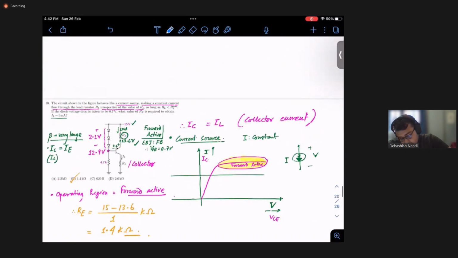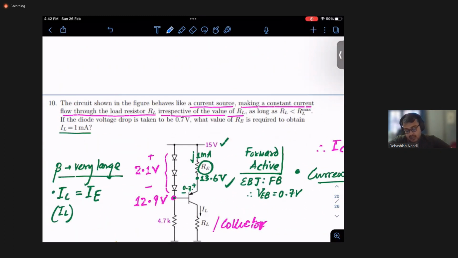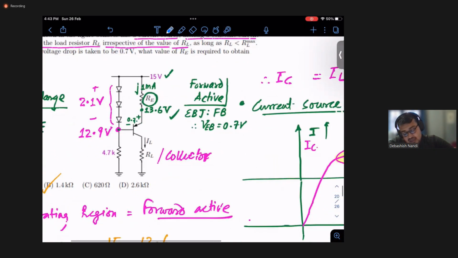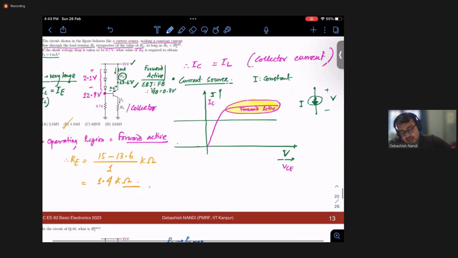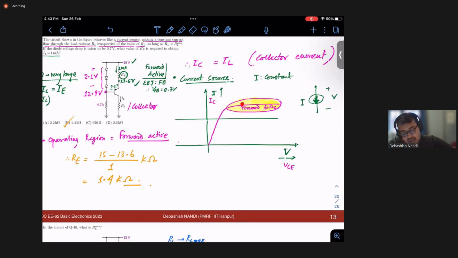Read the last question. The circuit shown in the figure behaves like a current source, making a constant current flow through the load resistor RL, irrespective of the value of RL, as long as RL is less than RL max. That means this forward active region condition is valid, or the current source behavior will be valid, as long as my RL is less than RL max, right?